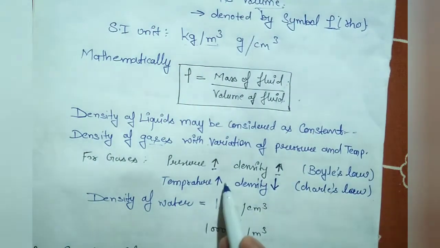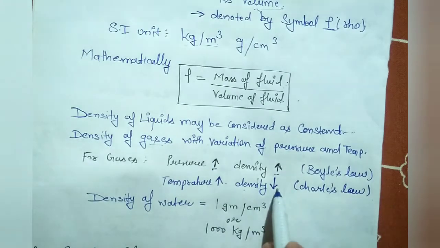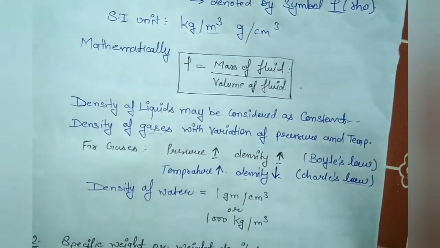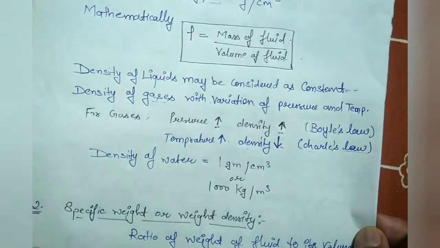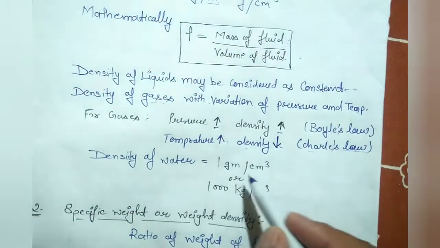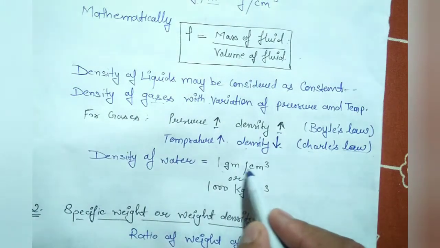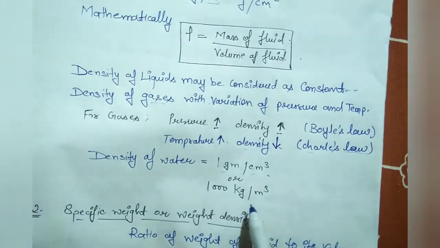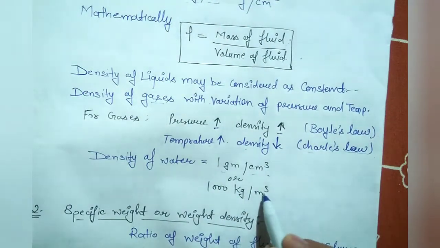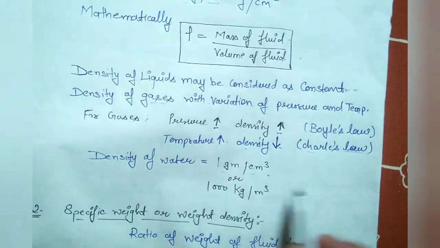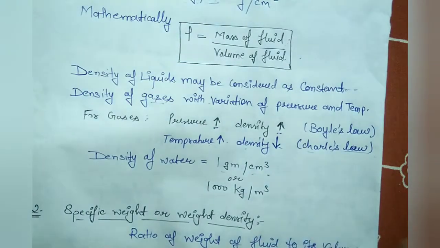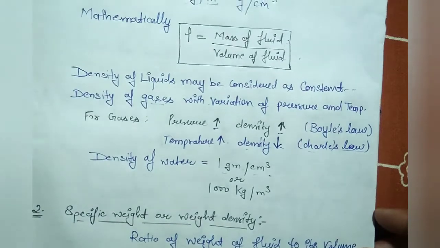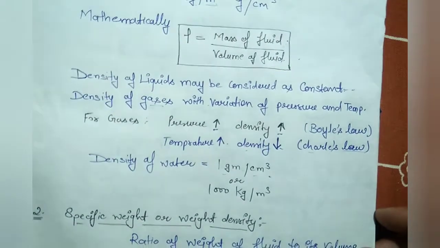If the temperature increases, then density decreases, as given by Charles' law. The density of water, in general, is 1 gram per centimeter cube, or 1000 kilogram per meter cube. So this is all about density. The first property of the fluid is density.